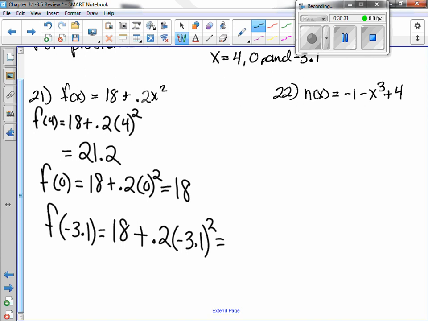Now make sure to put parentheses around it, because if you don't include the parentheses around that, it'll affect the overall value. 19.922. Okay, 19.922. Is that what y'all got? Thank you. Any questions on this here? We good with this here? Okay.